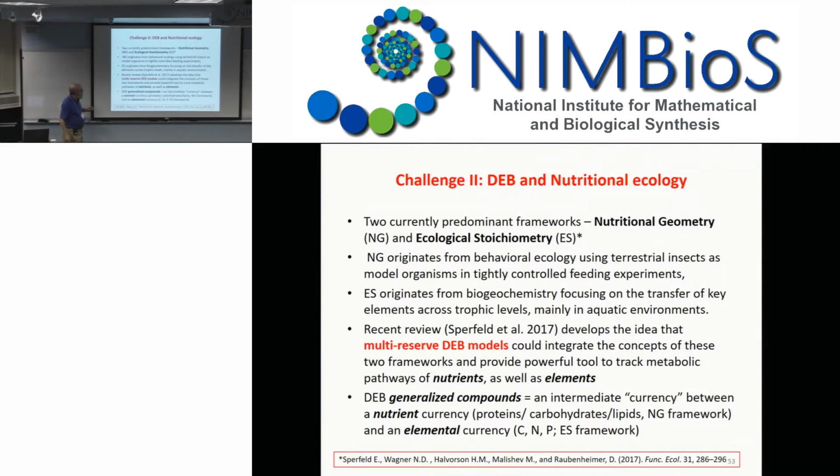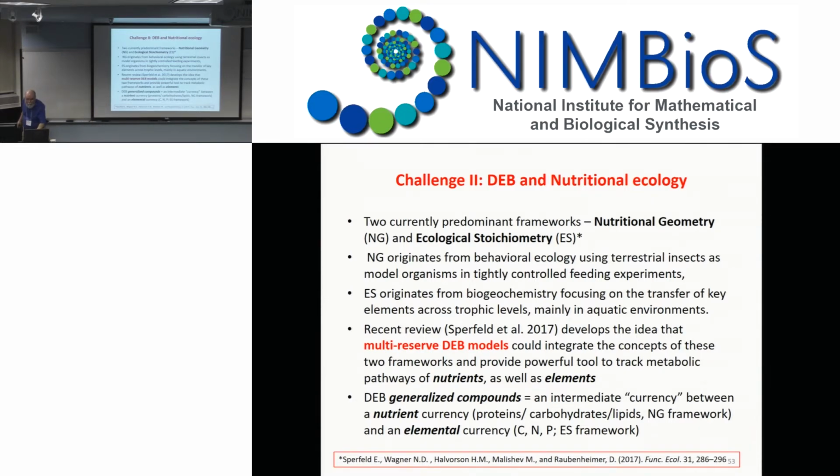But in both cases there was work involving achieving some kind of homeostasis within the organism. And this paper, which I think it's fair to say only came out a few weeks ago, or a month or two ago, I'm not quite sure, points to a potential unification and makes a connection with what are sometimes called multi-reserve DEB models.